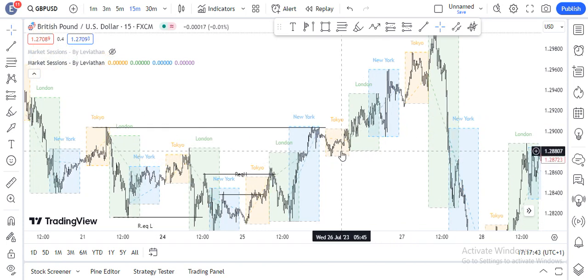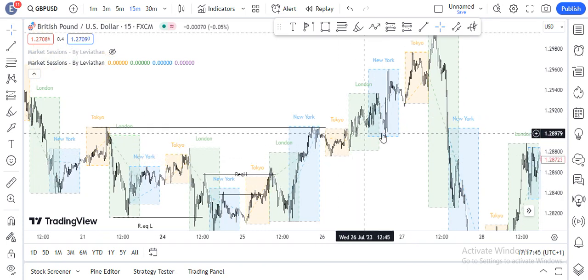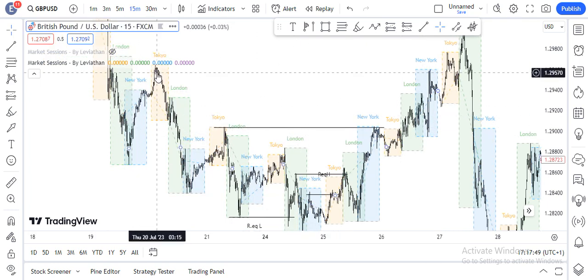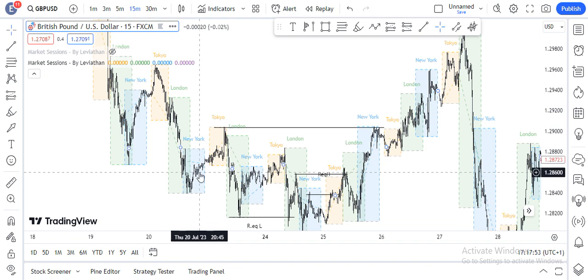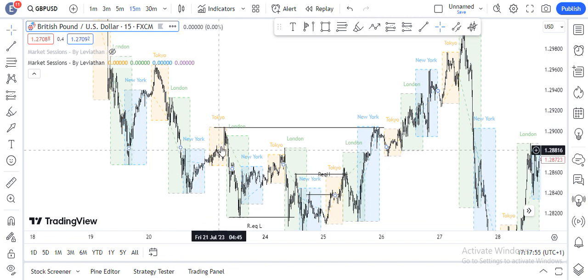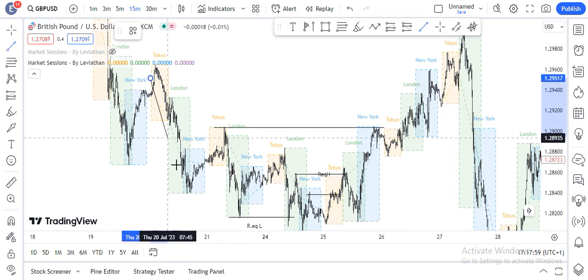People are buying at this point, this point, this point; people are selling at this point, selling here, buying here, buying here. So we're going to see all those liquidity points in the market.